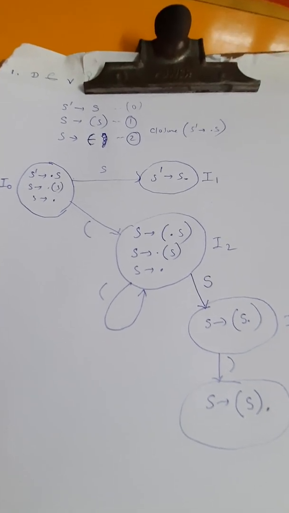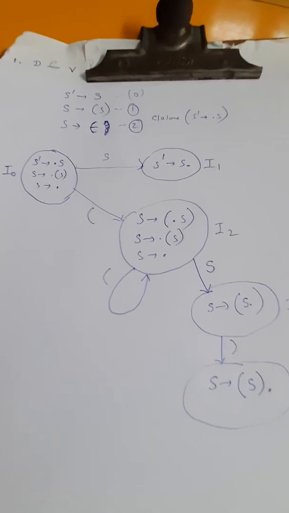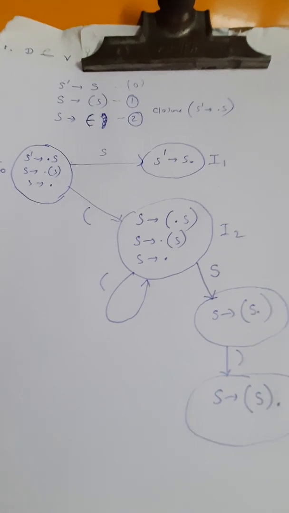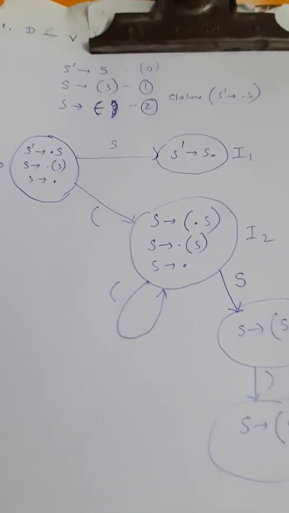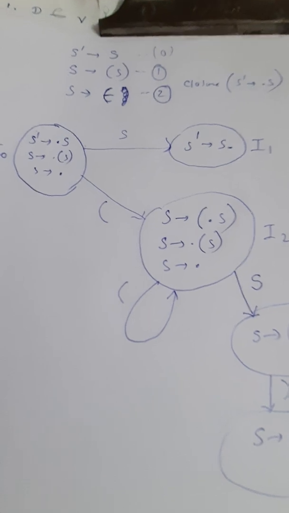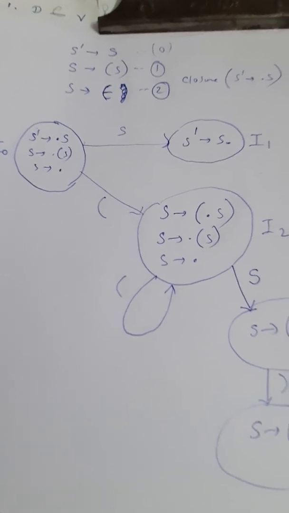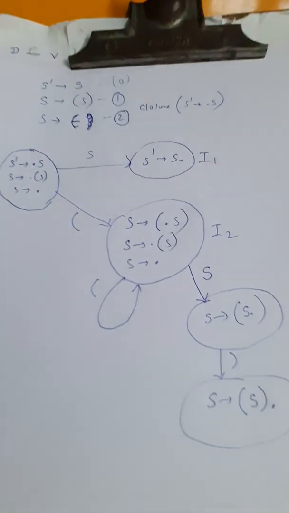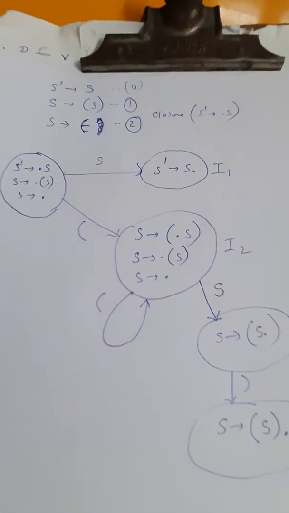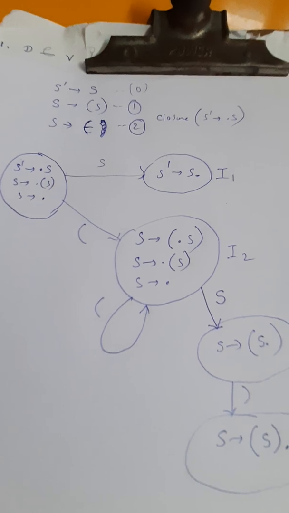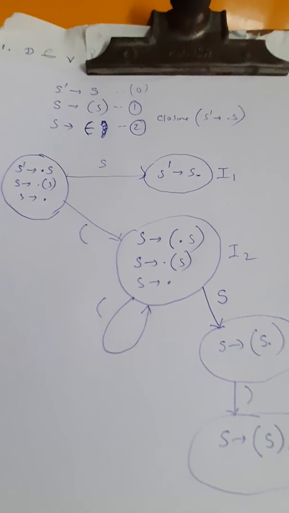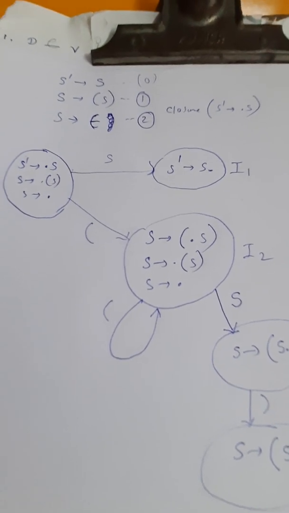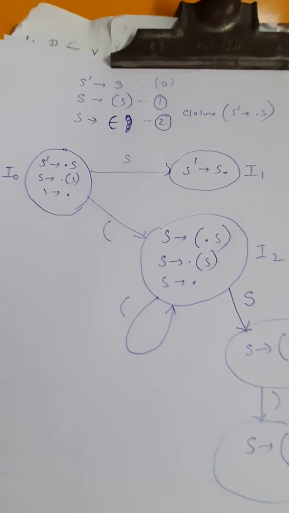For this purpose we have to find the follow set of the non-terminal, means S. Here for S, as it's the start symbol, its follow set contains dollar, and here closing brace is followed by the S. So obviously closing brace would also be in the follow set. So S's follow set is closing brace and dollar.